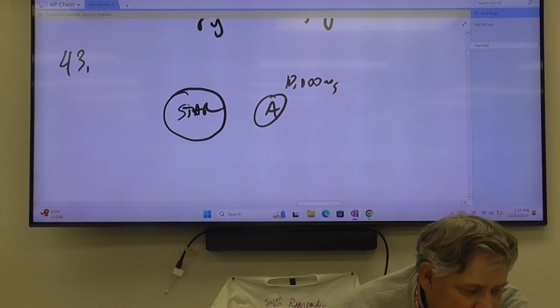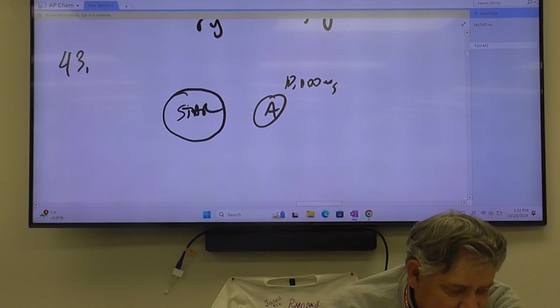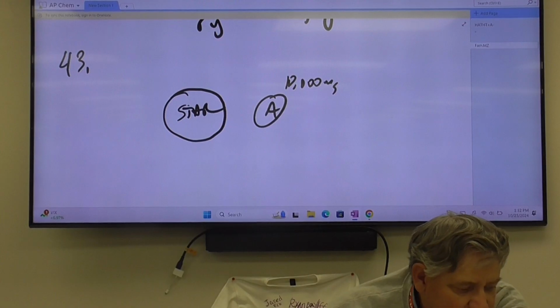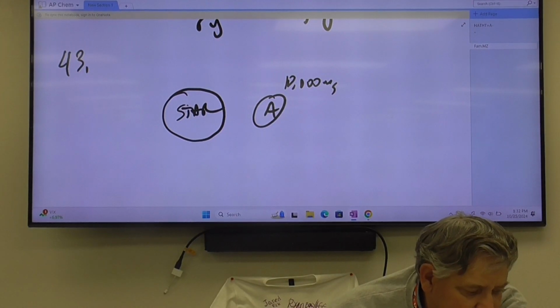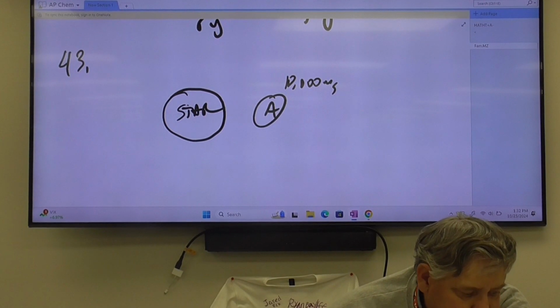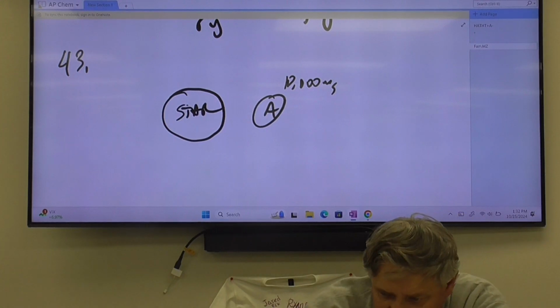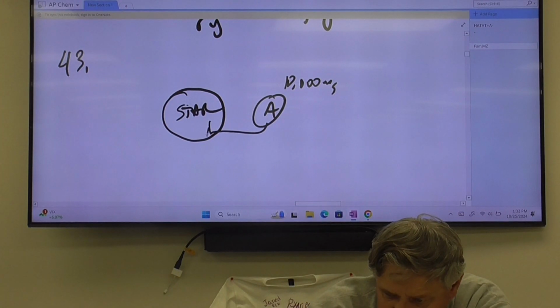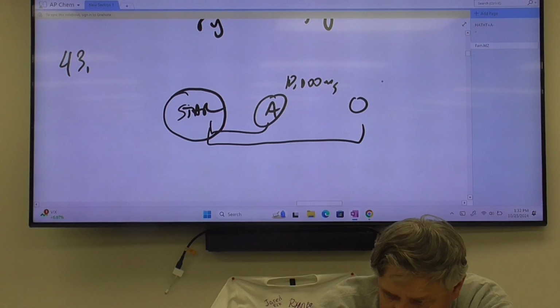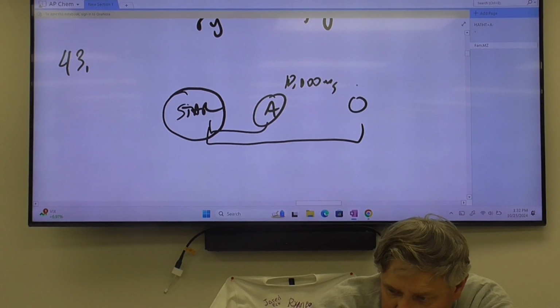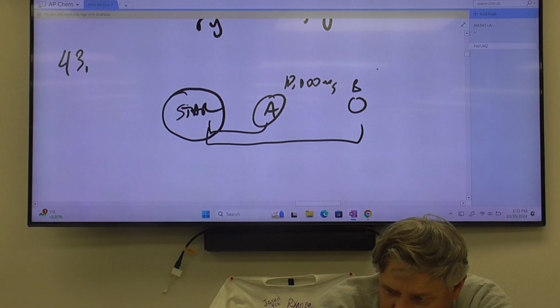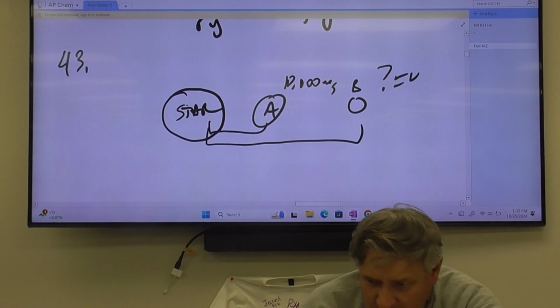And then satellite B is twice as massive as satellite A, and it is moving twice the distance. So if this is this distance, this is going to be B's, which is going to be twice that. There's going to be B, and you're going to try and figure out the velocity of B.